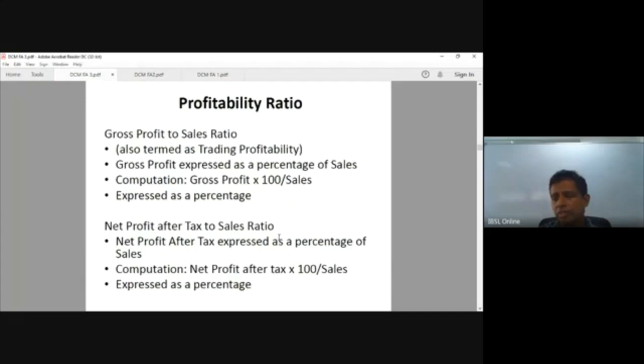Special attention was given by every business entity in 2020 to curtail costs because of the drop in income lines. Therefore, in a given client's financial statements, you have to see whether the net profit ratio has reduced or increased, and what were the main contributors for that increase or decrease.